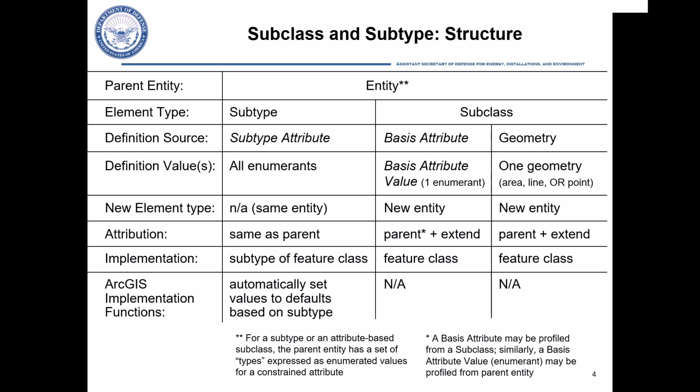In both cases, attributes are extended beyond those assigned to the parent. In ArcGIS, each subclass is expressed as a different feature class, and no special implementation functions are afforded. In a moment, we will come back to this table to summarize the structure of the example subtypes and subclasses of the golf course feature entity that we will look at now.